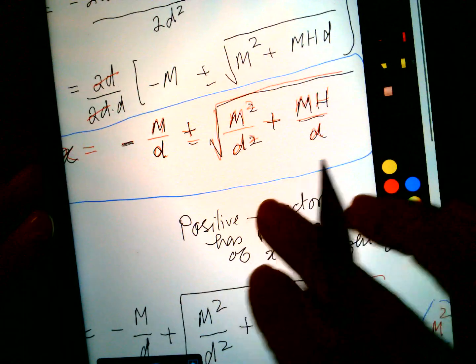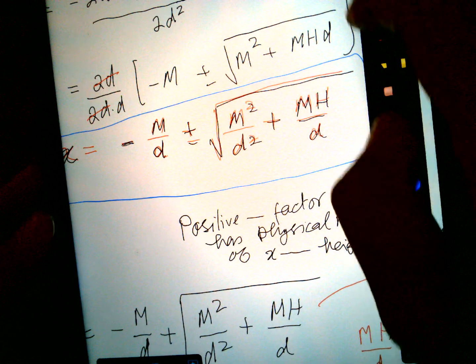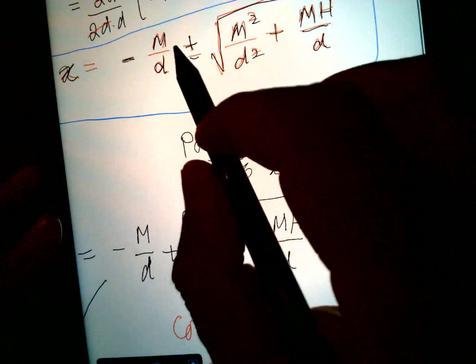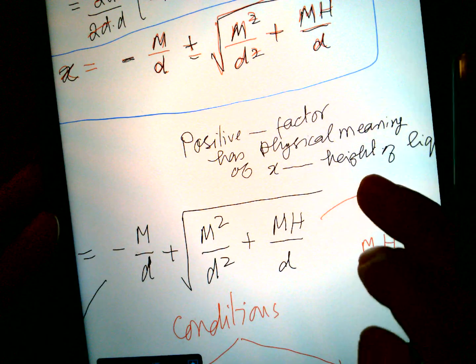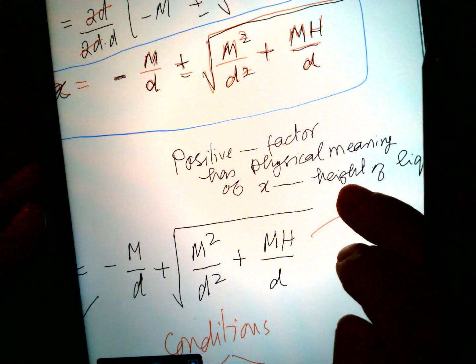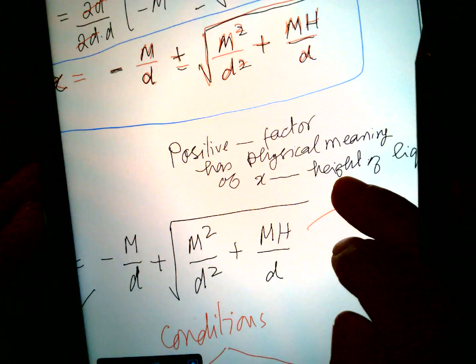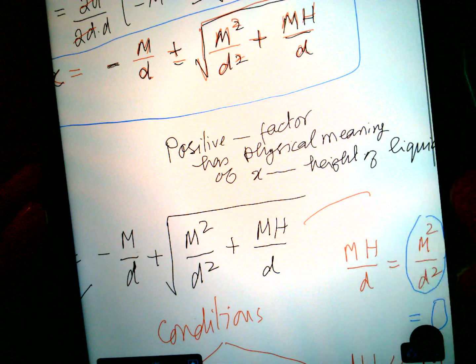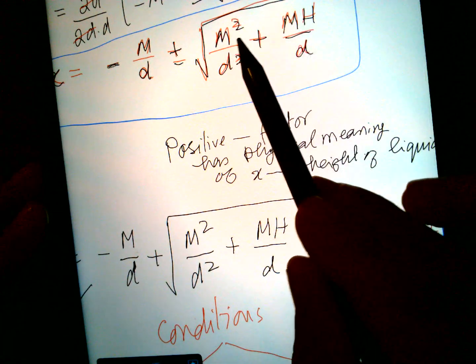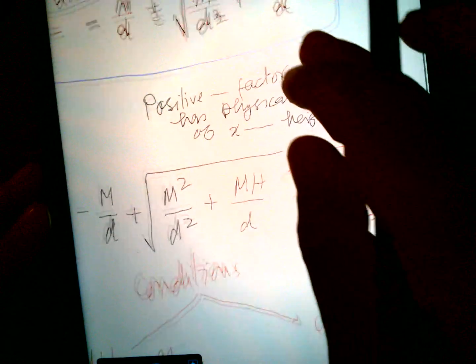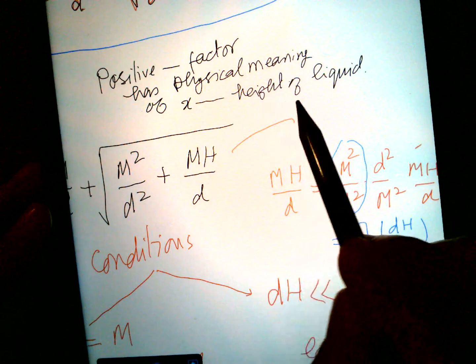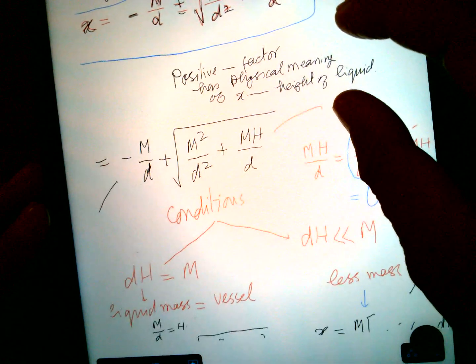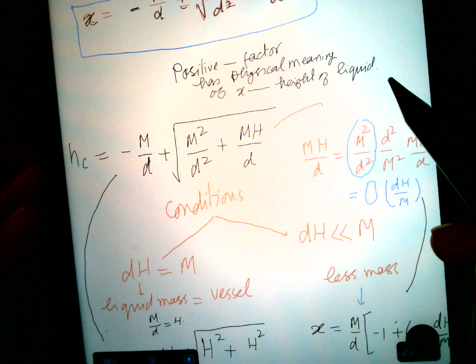So these are the two roots. We will only take the positive root for its physical meaning. The other root is negative. The positive one has physical meaning for x, since this is a height. The negative x we will not use.